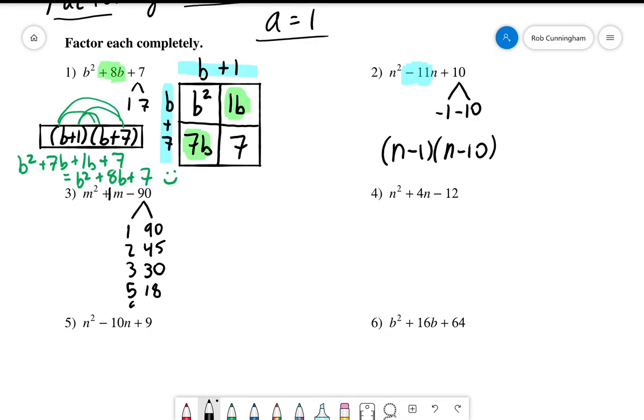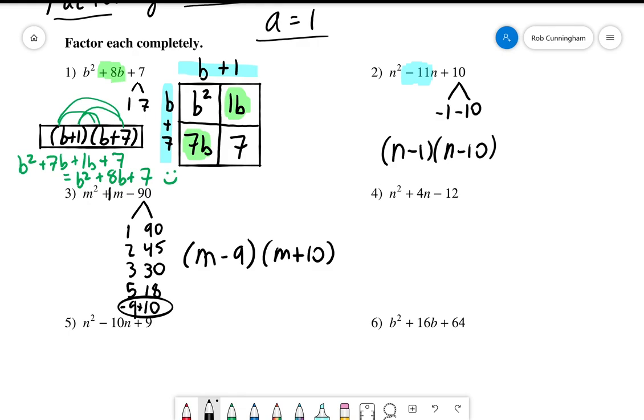And it is 9 times 10. And if we make the 10 positive and the 9 negative, negative 9 times positive 10 is negative 90. And negative 9 plus 10 is positive 1. So our final answer is m minus 9 times m plus 10.